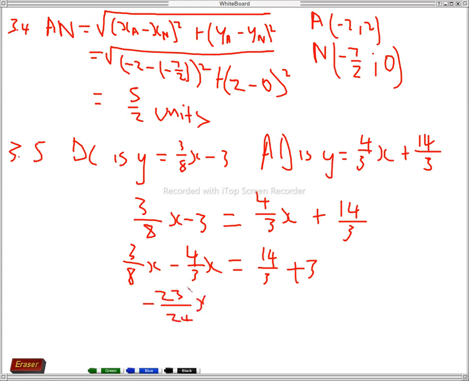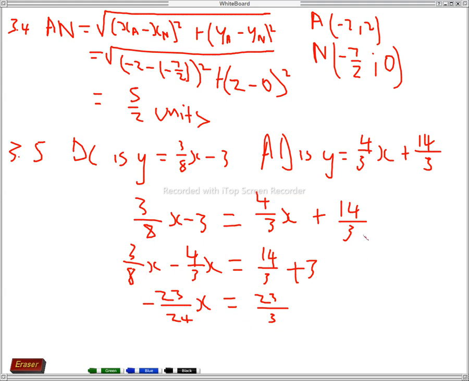Here I'm just looking at the time, I don't have time to solve this. You're allowed to use a calculator. So it's 14 over 3 plus 3, and your answer is going to be 23 over 3. So you're just going to divide this by 23 over 24.